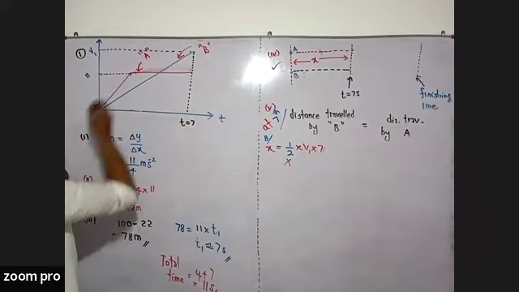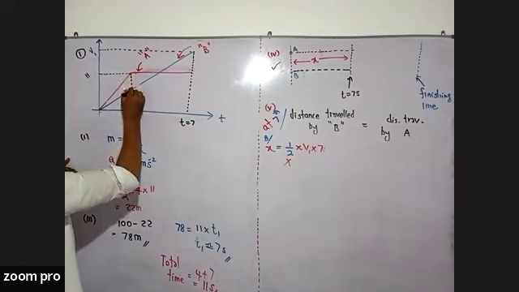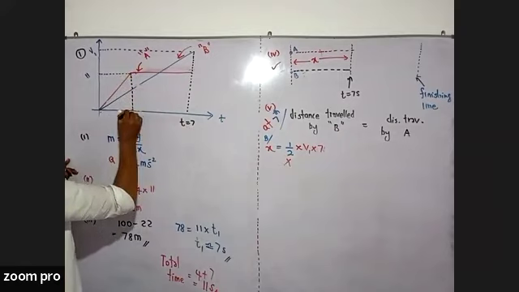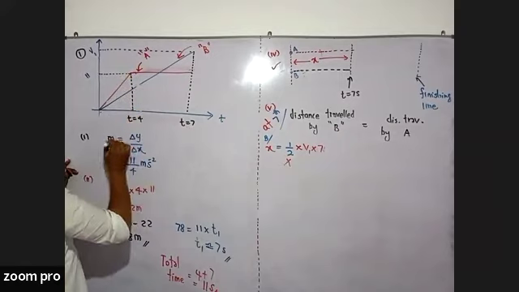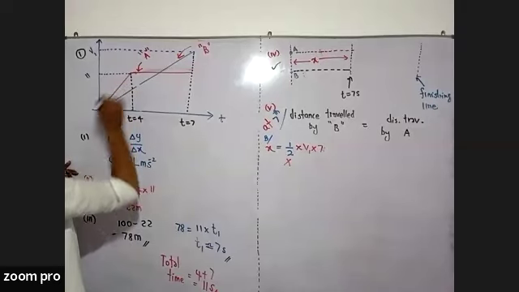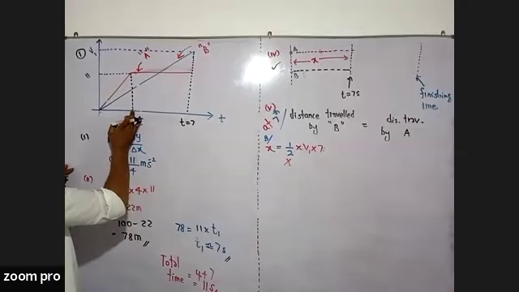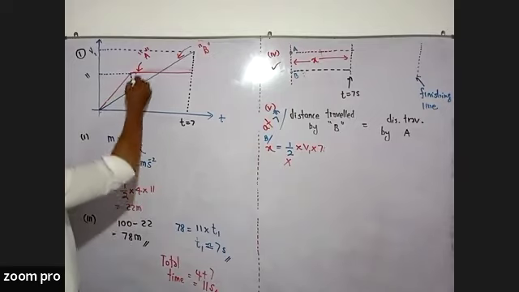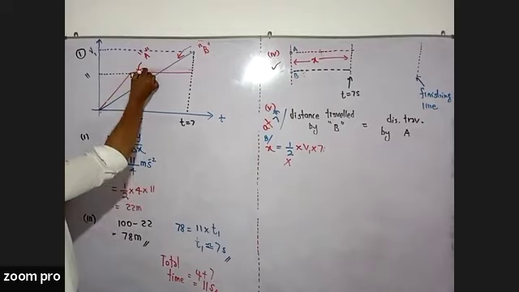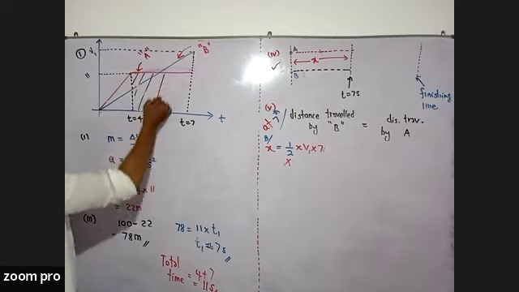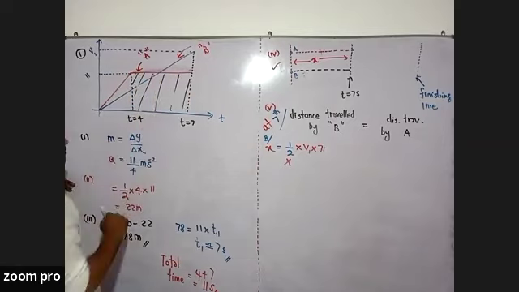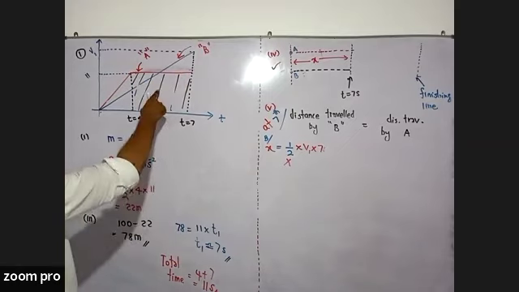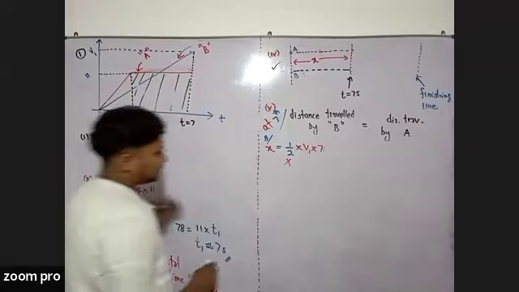We already know that after 4 seconds, he has traveled 22 meters, right? At the end of the 4 seconds, he has traveled 22 meters. So that means for the remaining portion, the area of this rectangle represents the distance traveled by the A object within this time, right?